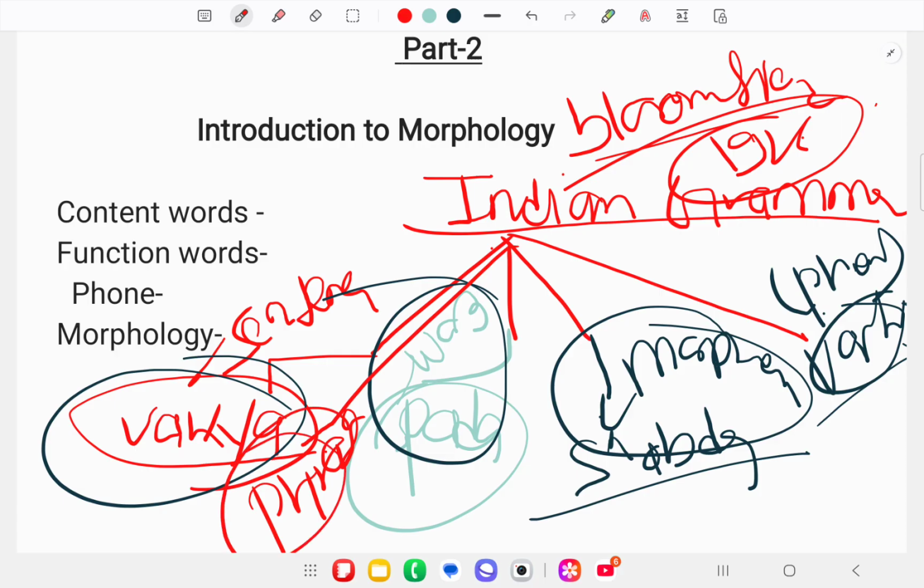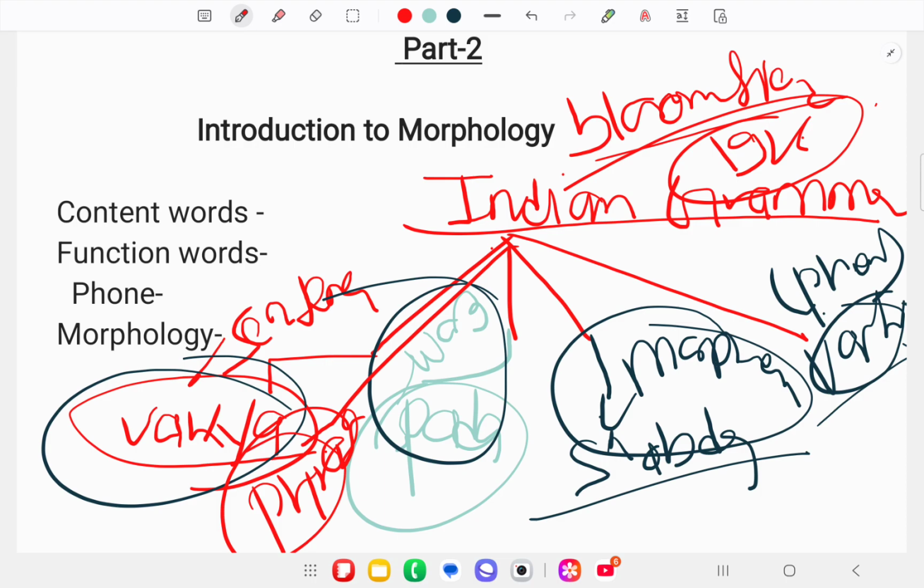So I think you should know about this: phonemes, which are known as varna in Indian terminology, are the significant sound units that make meaning differences in the sound pattern of a particular language, and they do not carry any meaning by themselves.